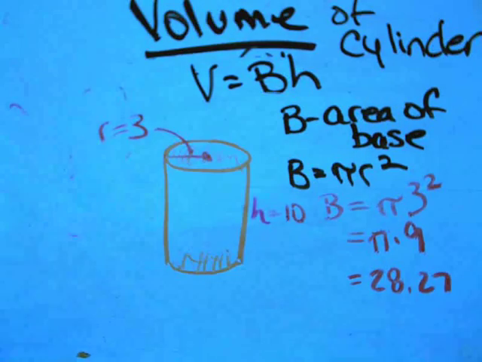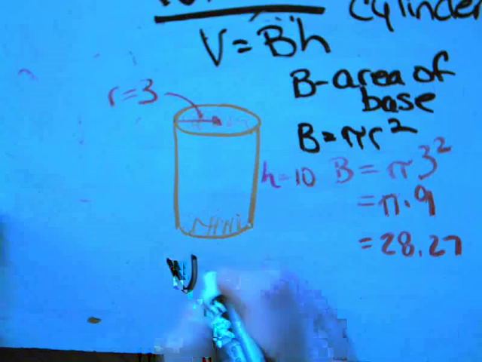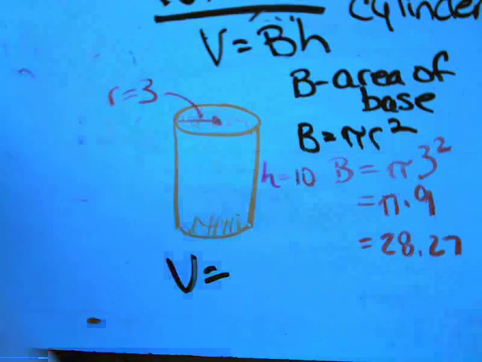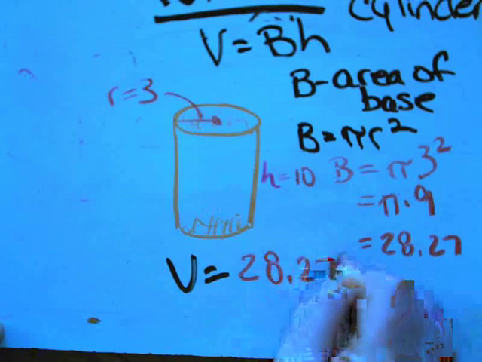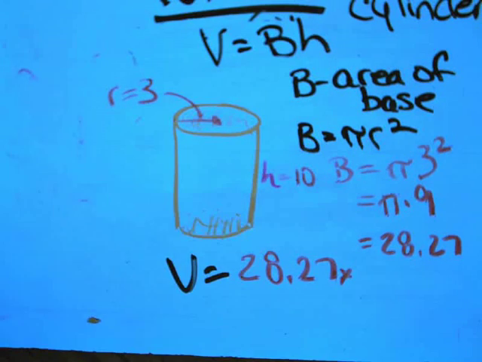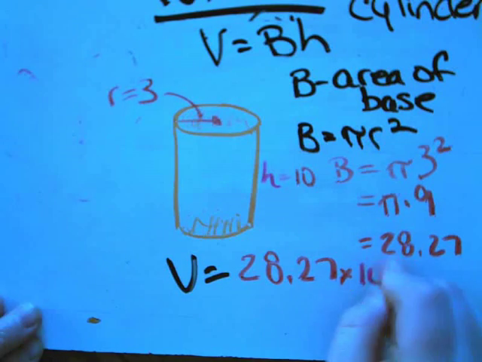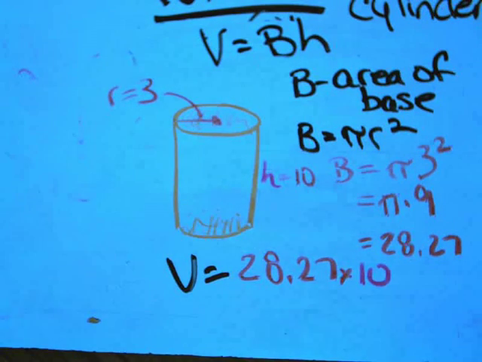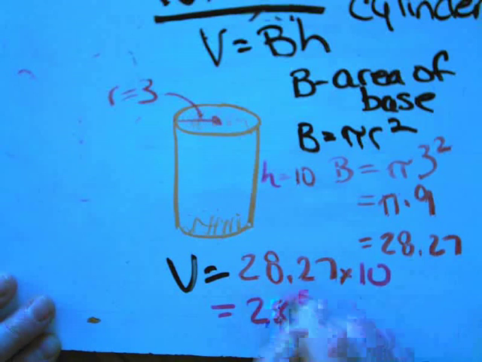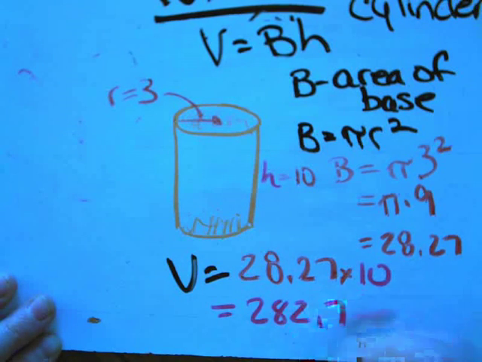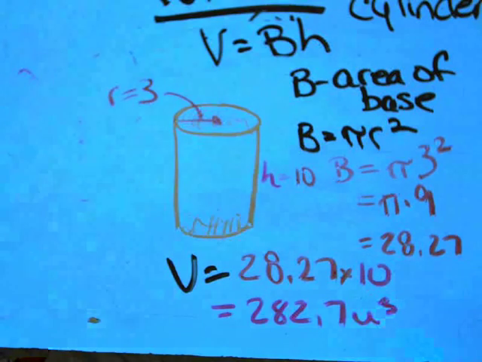Okay, and I go back to my formula. Volume equals the area of the base, 28.27, times the height, which was 10. And if I multiply that out, I get 282.7 cubic units.